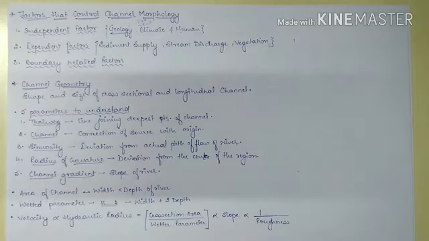Now, how does sediment supply work? It determines the frequency, volume, and caliber of the material delivered to the channel. So this is sediment supply. Next is stream discharge. Stream discharge looks into the frequency, magnitude, and duration of stream flow.